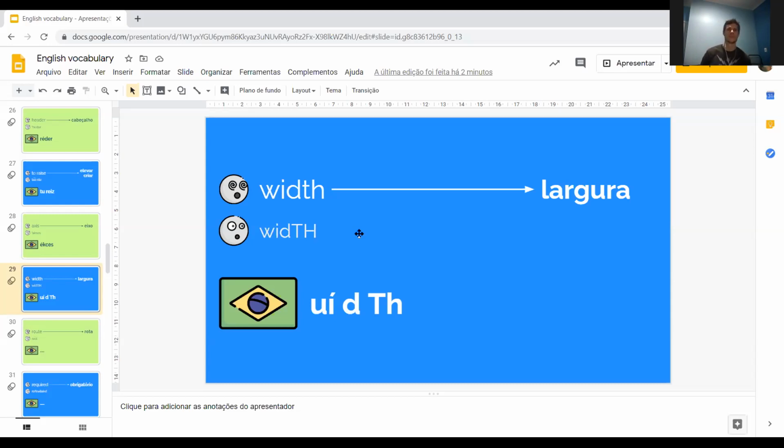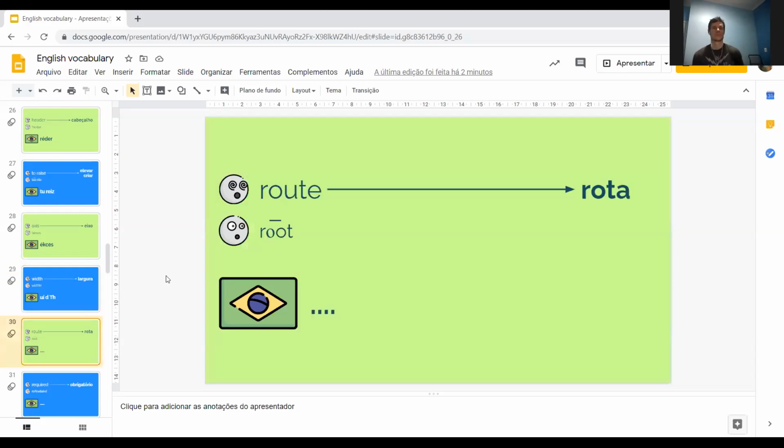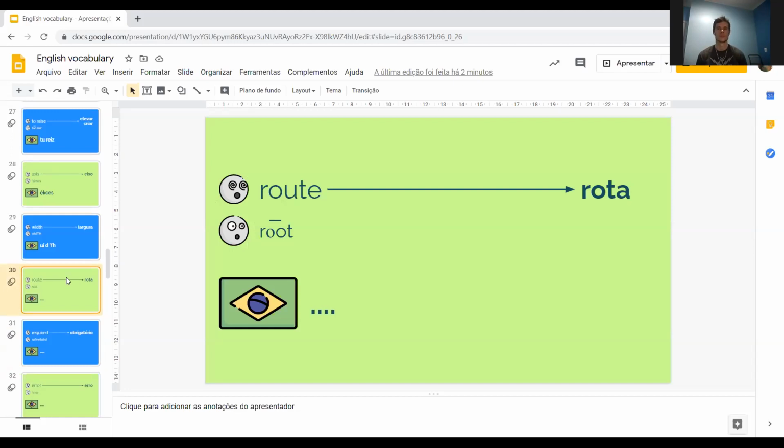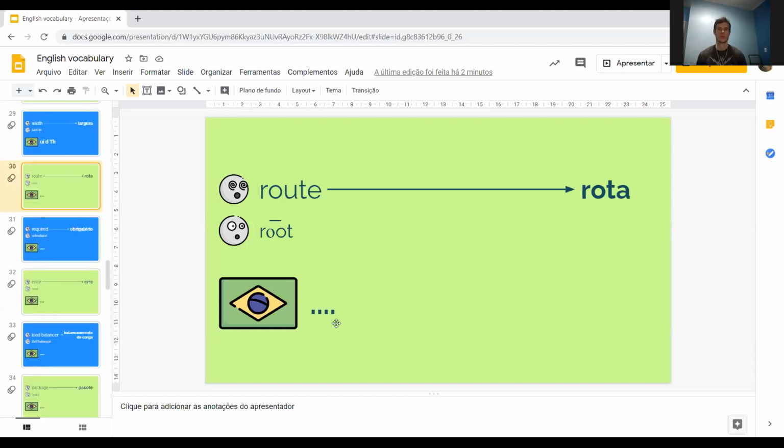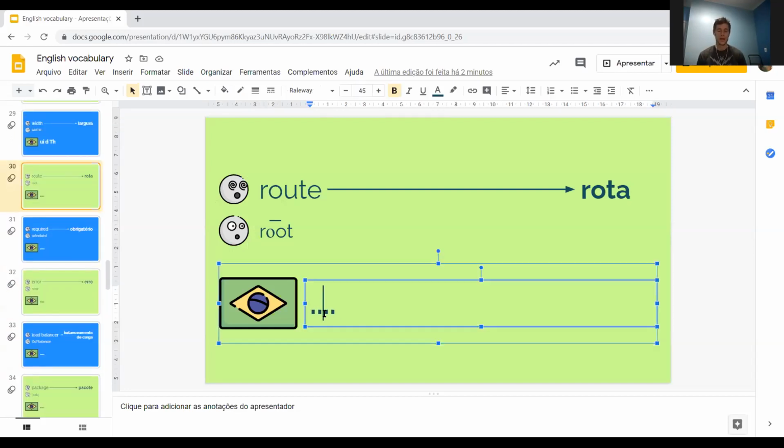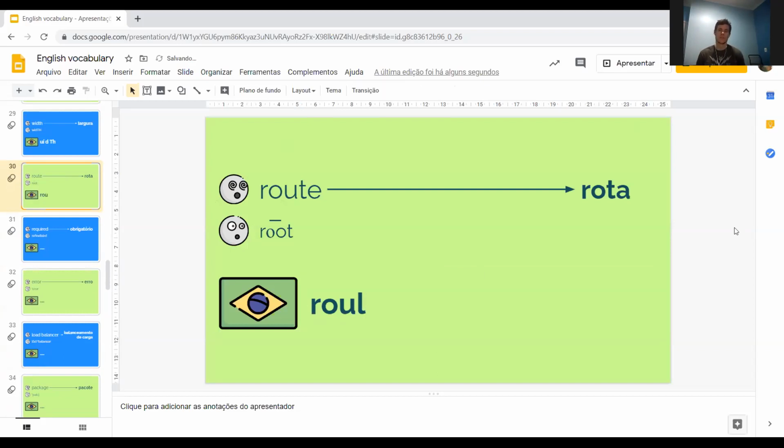Okay. The next one is, I would say, root. Okay, yeah, good. I wouldn't say the T. I would say root. There is one more accepted pronunciation for this word, which is route. Never heard route.